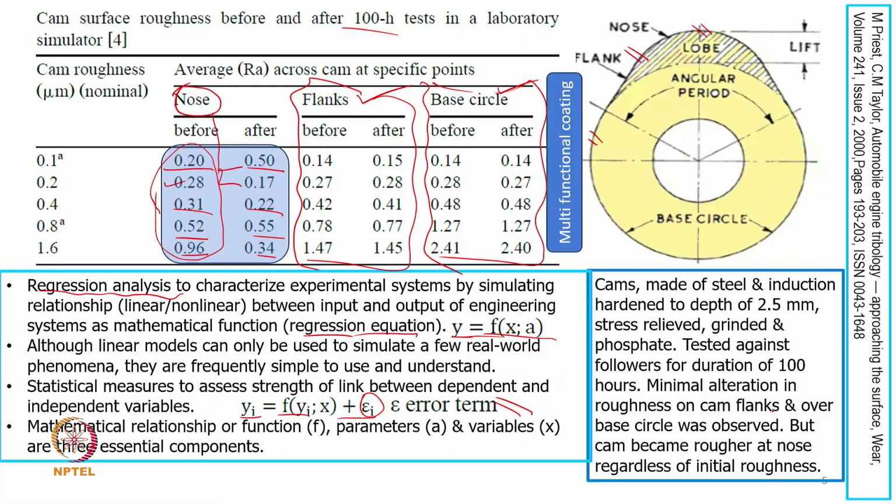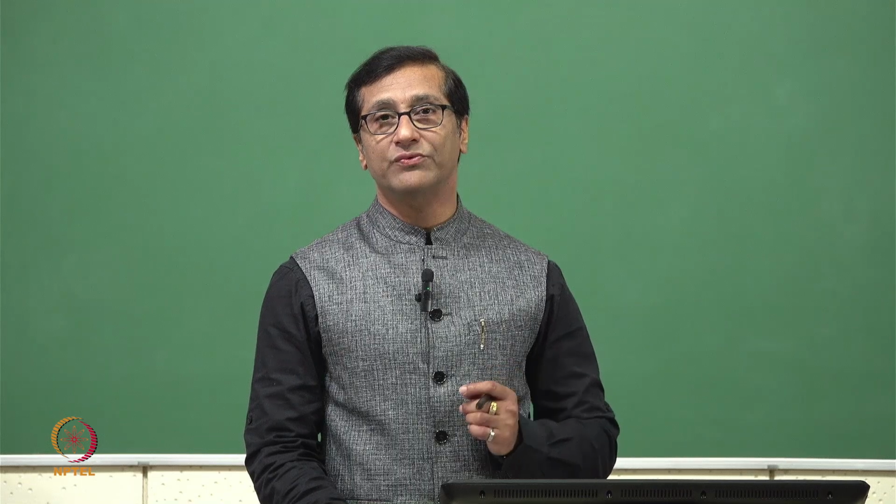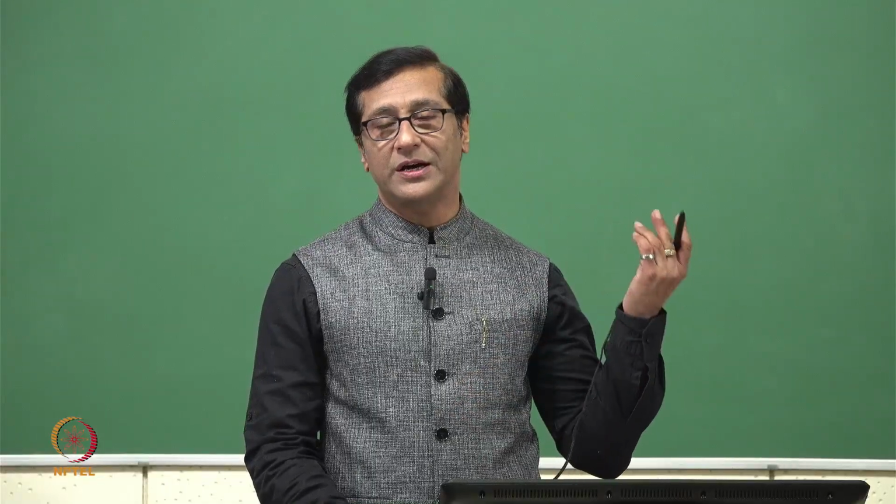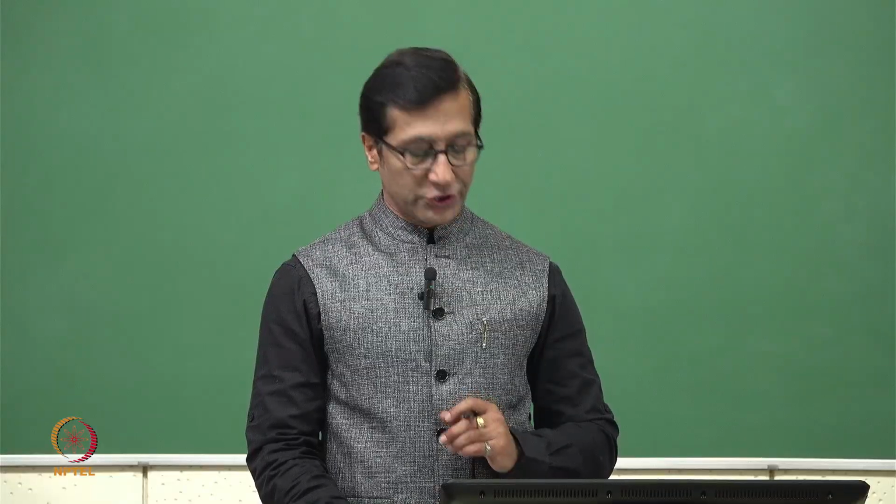That's why we say it was tested against a follower for a duration of 100 hours, and of course we are doing some sort of induction hardening, a surface treatment, so that hardness up to a depth of 2.5 mm is there. Surface hardness may be even 60 plus HRC.